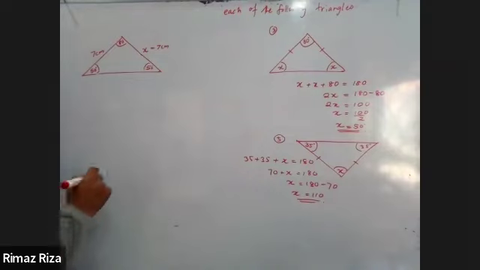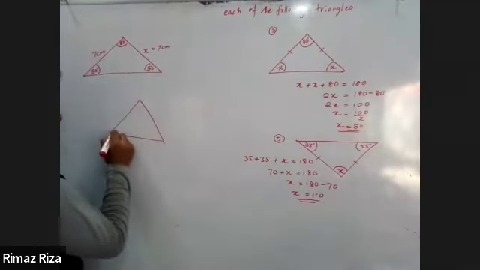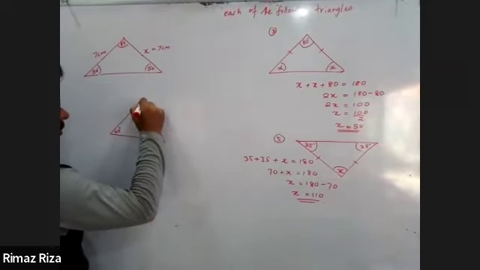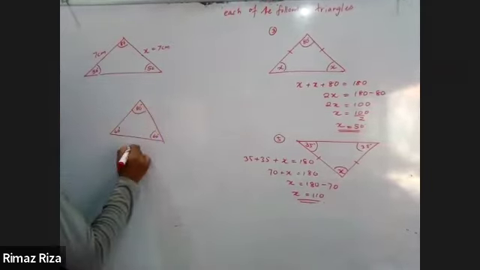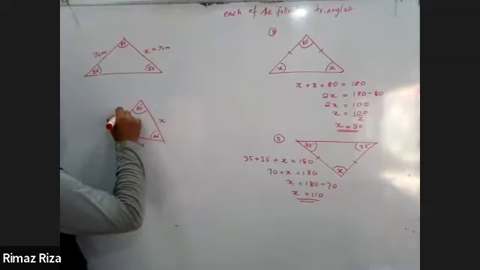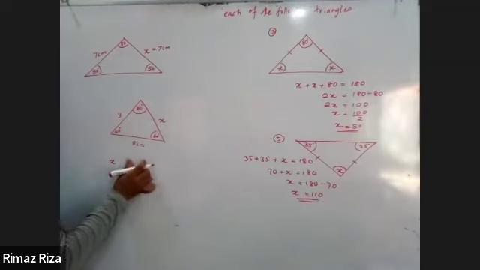Now, what if you have such a triangle with 60, 60, and 60? Now, this is 8 centimeter, and the others are x, y. Ibrahim, tell me what is the value of x?